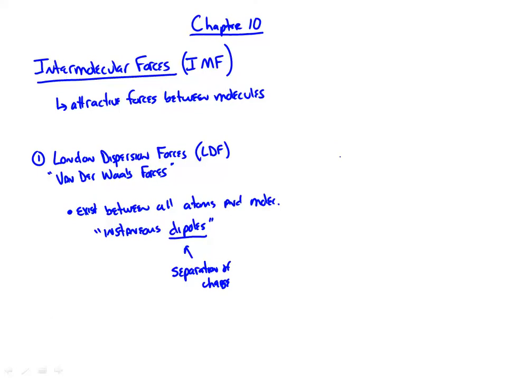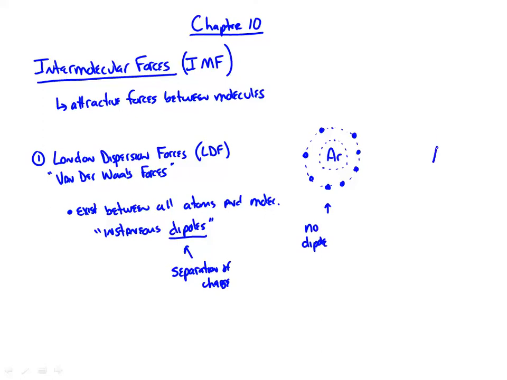The easiest way to think about that is an argon atom, or any atom for that matter. Argon has a bunch of electrons and orbitals around it, and we're not going to be picky about s and p orbitals. It has a number of electrons in its outer shell, and if all of those electrons are arranged symmetrically, 1, 2, 3, 4, 5, 6, 7, 8, at least I got 8, then there's no dipole.